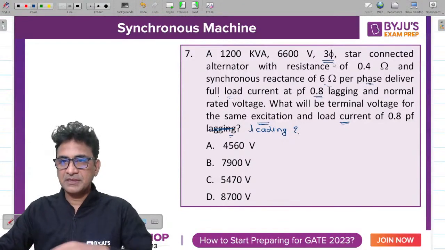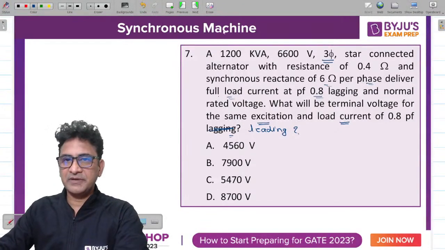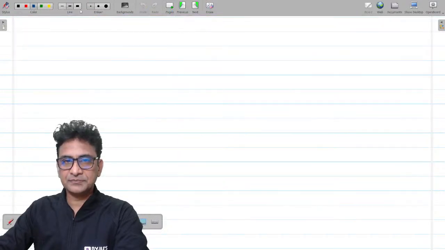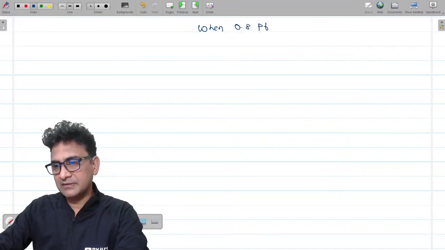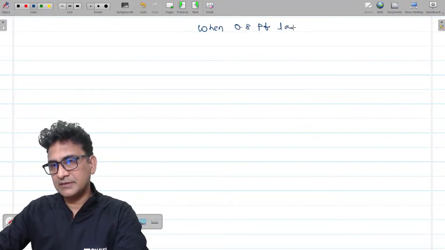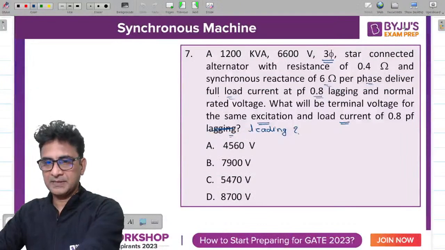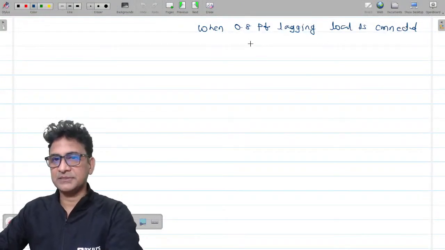So see, initially the 0.8 power factor lagging load was connected. B, yes, B is the correct option.